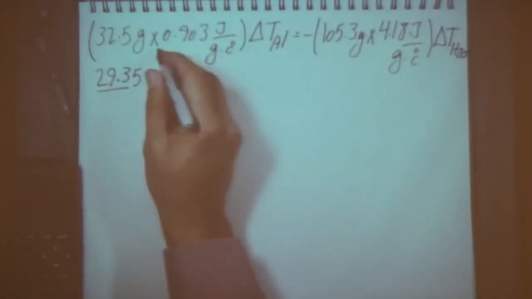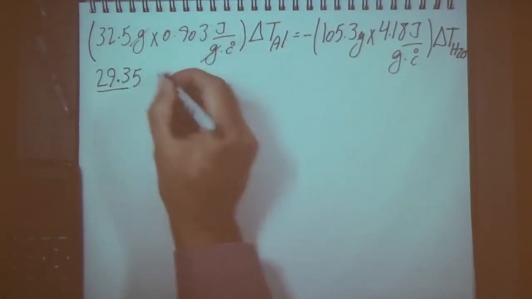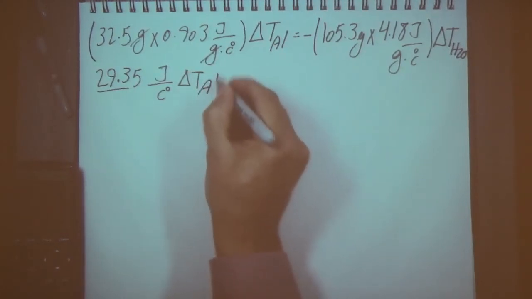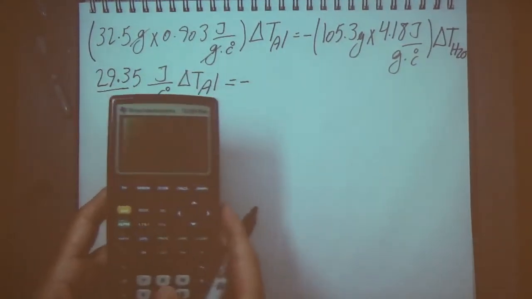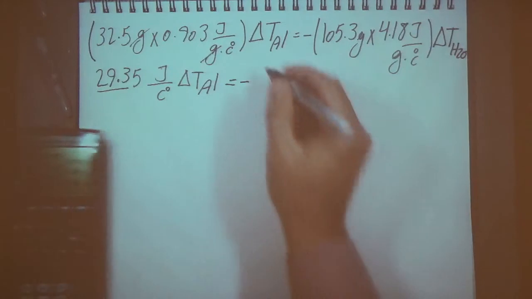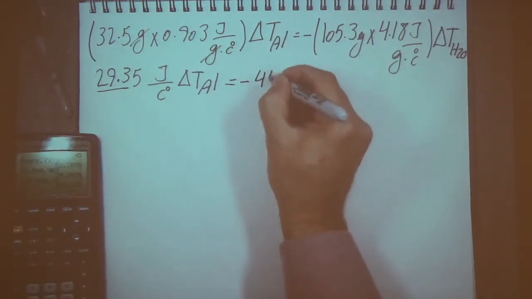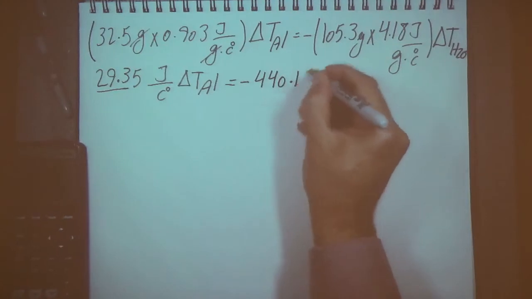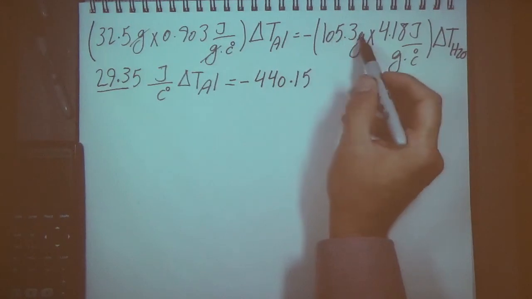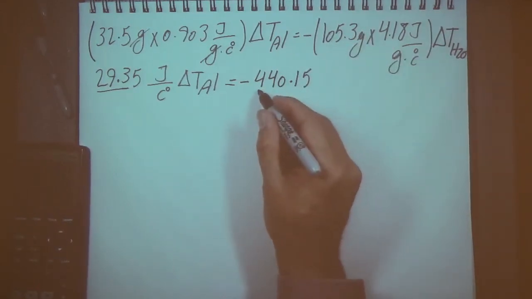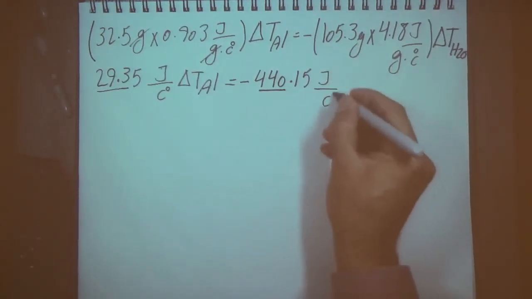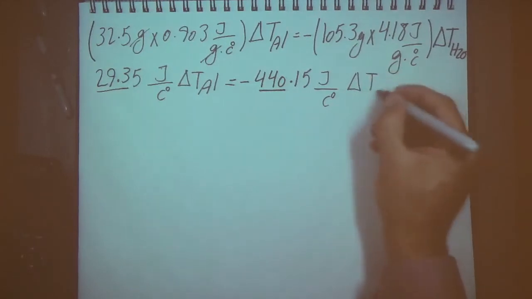And you cross out gram by gram, so you get joule over degree Celsius multiply delta T of aluminum equal to minus 105.3 multiply 4.18. This one is 440.15. Again, here we have 4 sig figs, but if we stick with 3 sig figs, joule over degree Celsius multiply delta T of H2O.